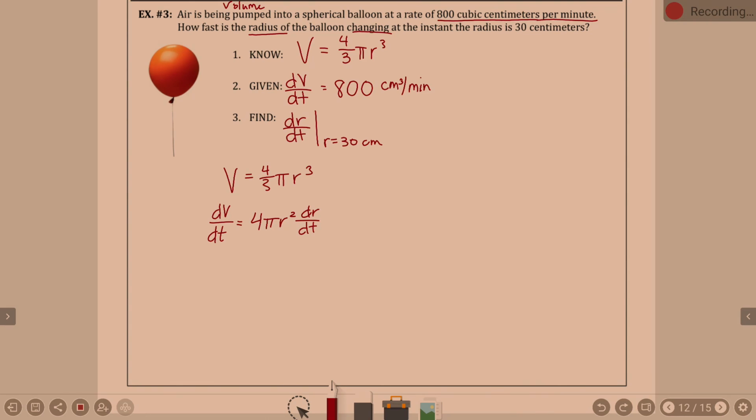Now we're ready to plug in. Plug and check. Evaluate at r equals 30. We're trying to find dr/dt. So at this point we're trying to fill in what we know.